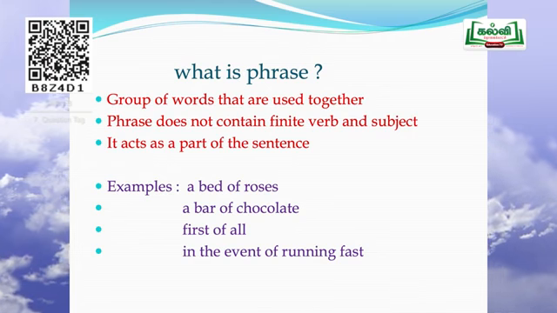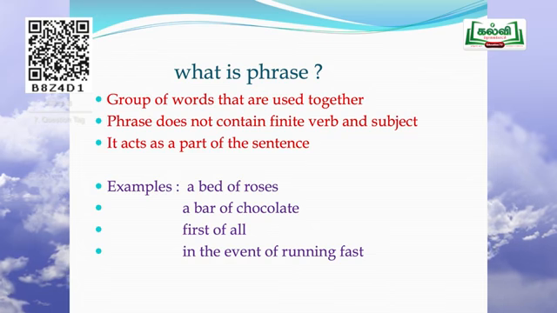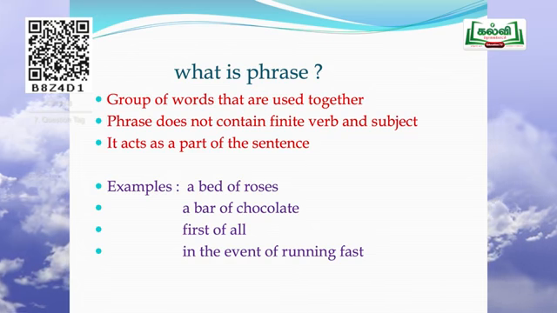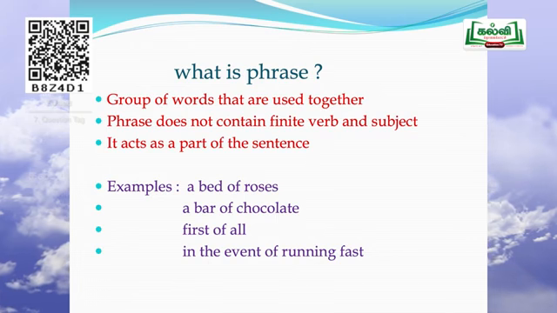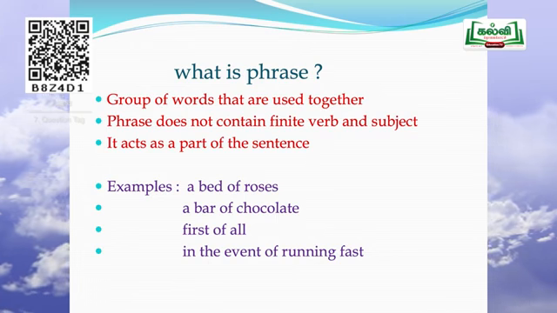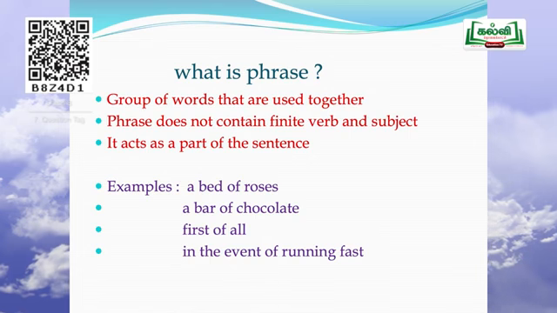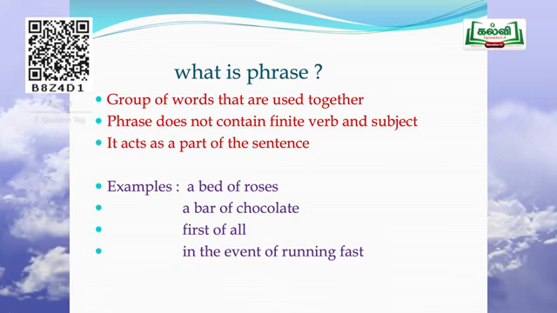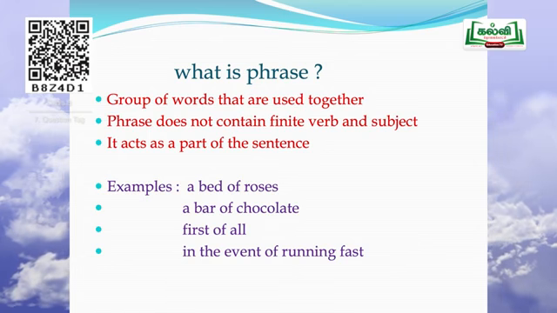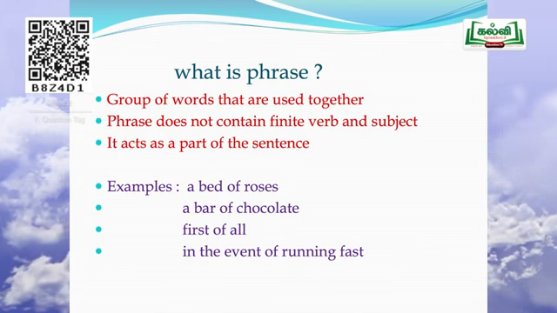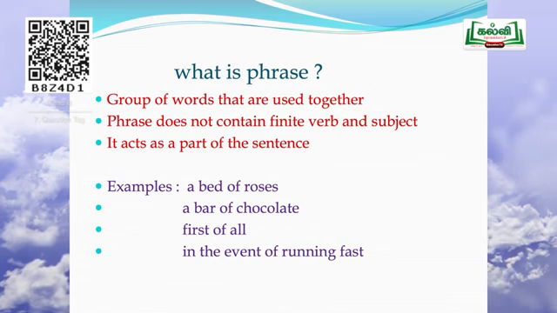For example, a bed of roses. Is there any finite verb here? No. It is a phrase. A bar of chocolate. First of all, in the event of running fast. These are all phrases. In the event of running fast, here you may think running is the verb. Running is not a verb here.